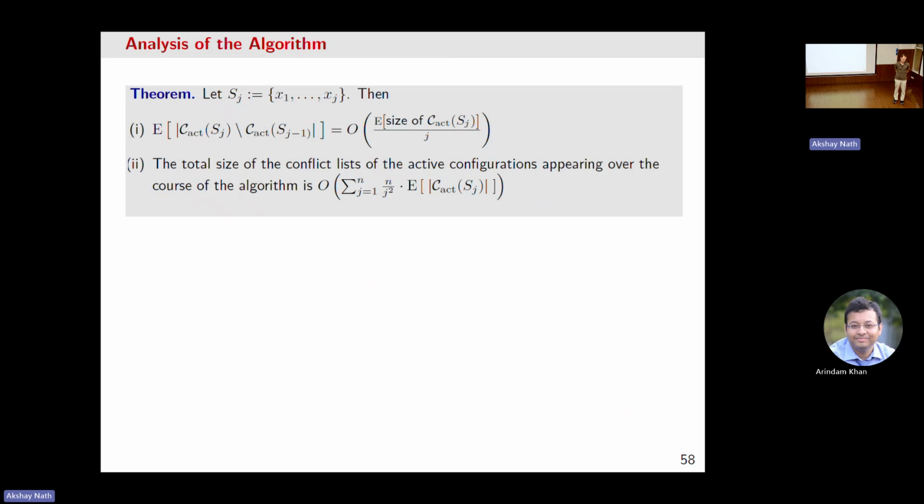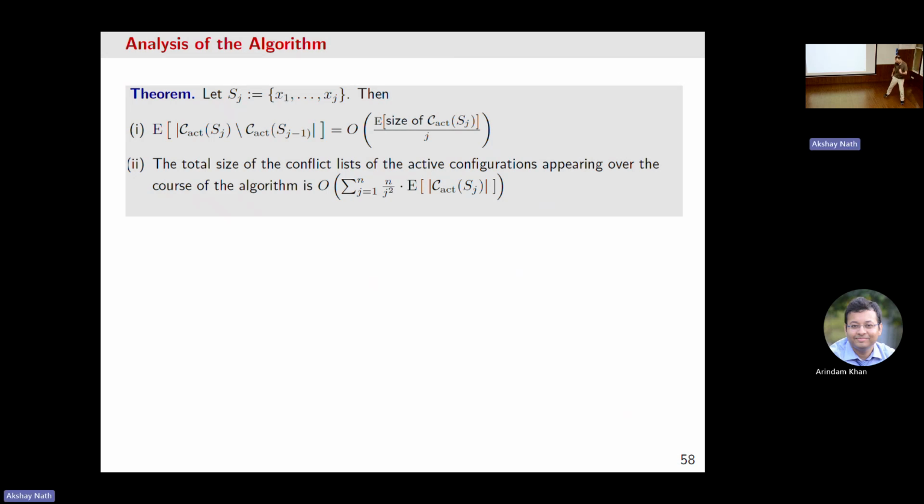For this example, this thing here is the expected size of the Delaunay triangulation of a subset of J of the points. Instead of expected size, let me simply take worst case size, because here the worst case is linear, right? Because it was a planar graph. So this is order J. So this is constant.